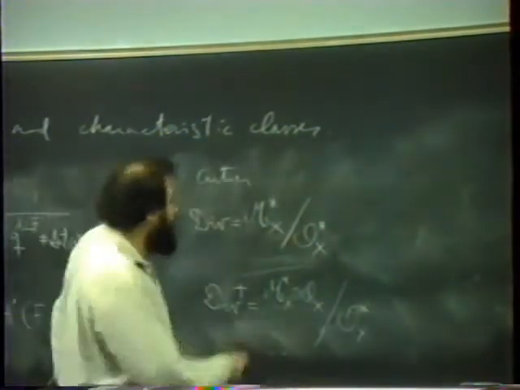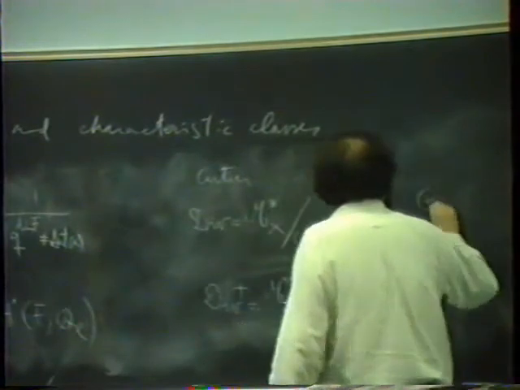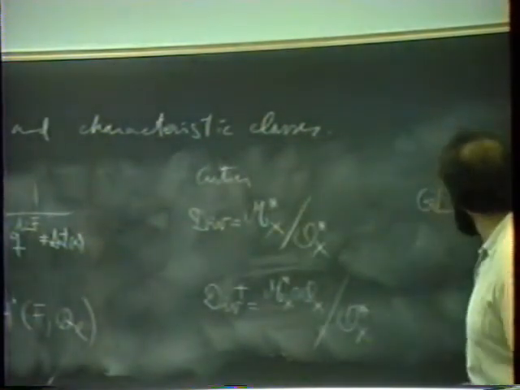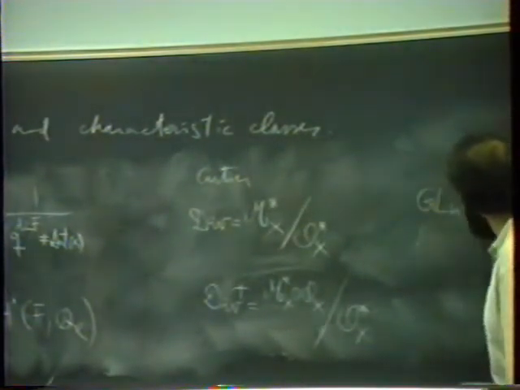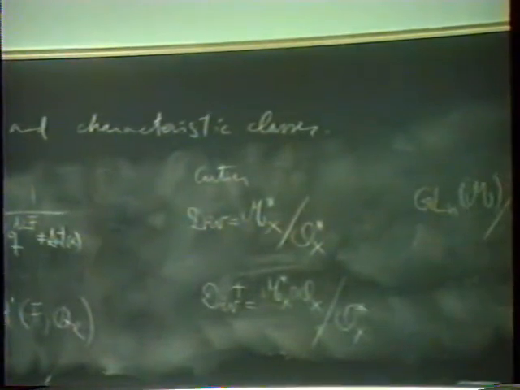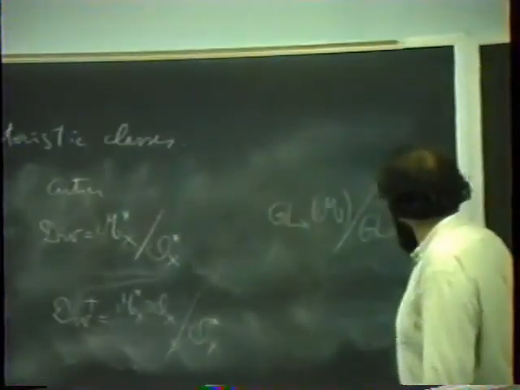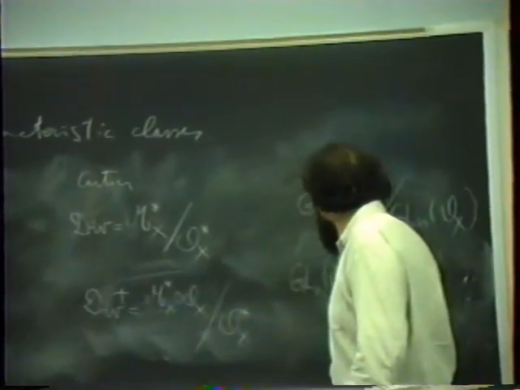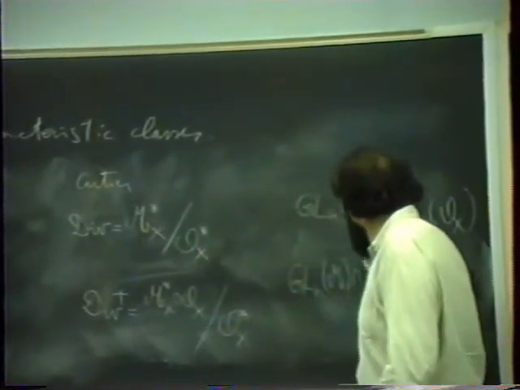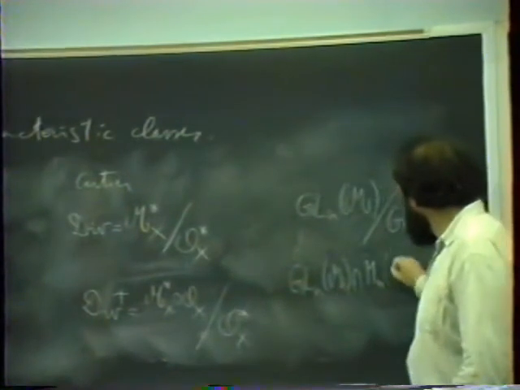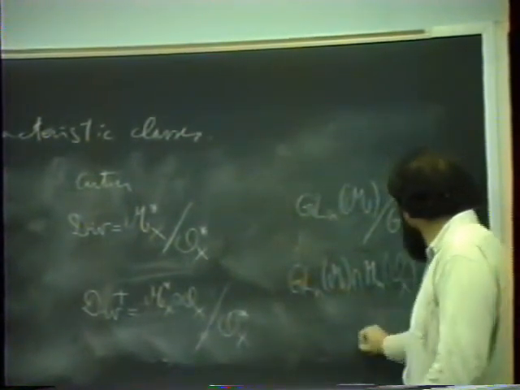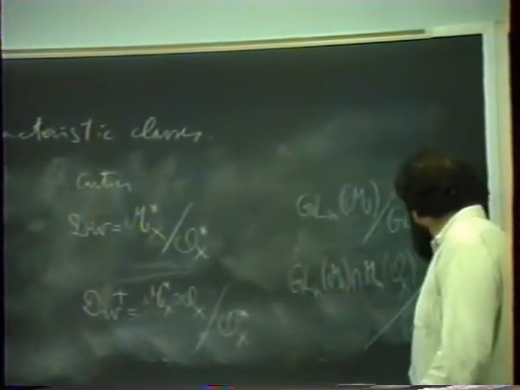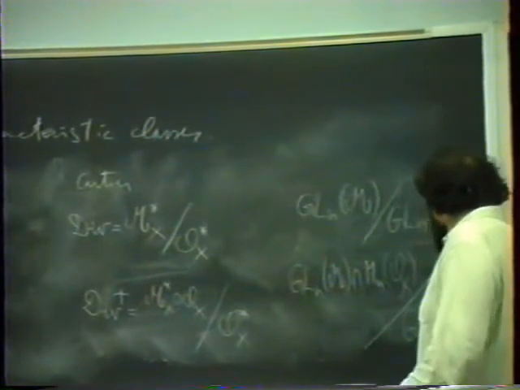Well, you can do the same thing here using GLN. So you have GLN of M over GLN of OX. And here you can take GLN of M intersected with the n by n matrices with OX coefficients, modulo again GLN of OX.